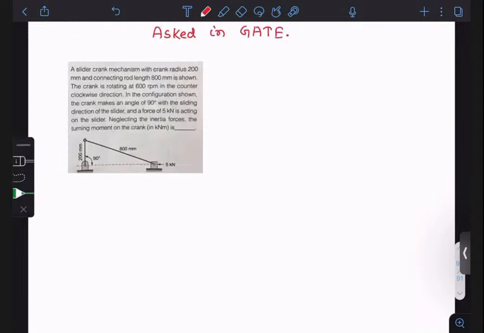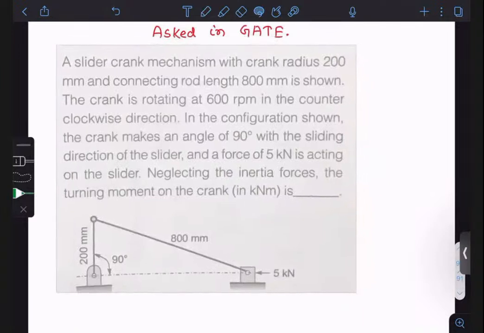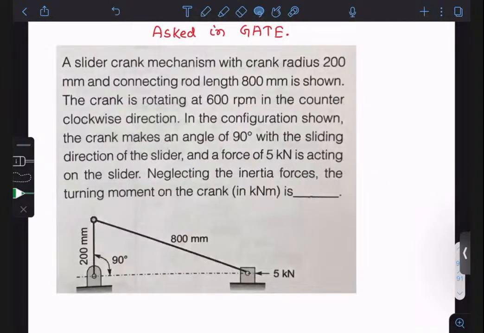Find out the answer for this problem. Turning moment, you need to find out. Everything is given. I have already discussed how to find out the turning moment.